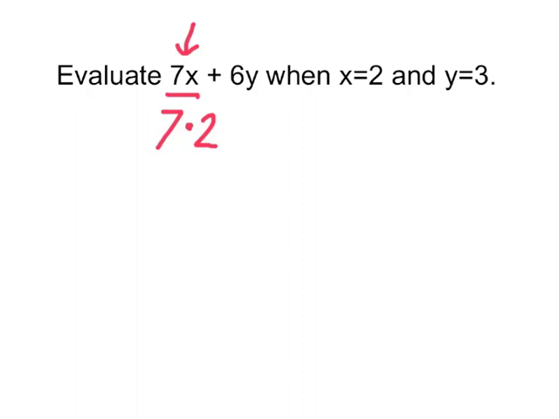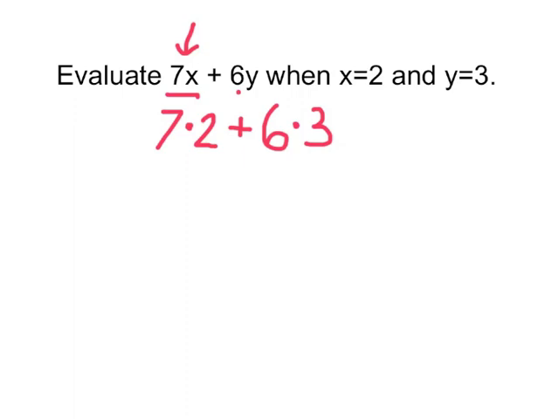If you do not see the sign, the operation is multiplication. Plus 6, and the y is 3, and again the operation between the 6 and the y is multiplication.